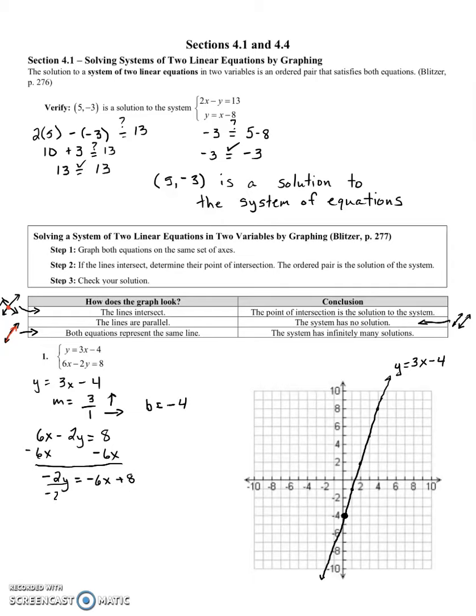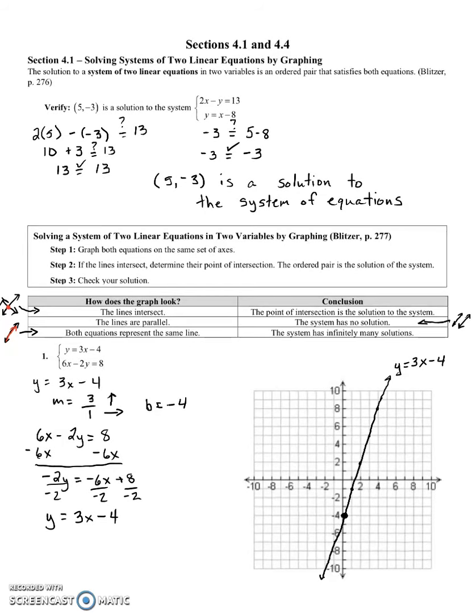And then, of course, we have to divide everything by negative 2. So we have y equals negative 6 divided by negative 2 is 3x. 8 divided by a negative 2 is a negative 4. So we have 3x minus 4.